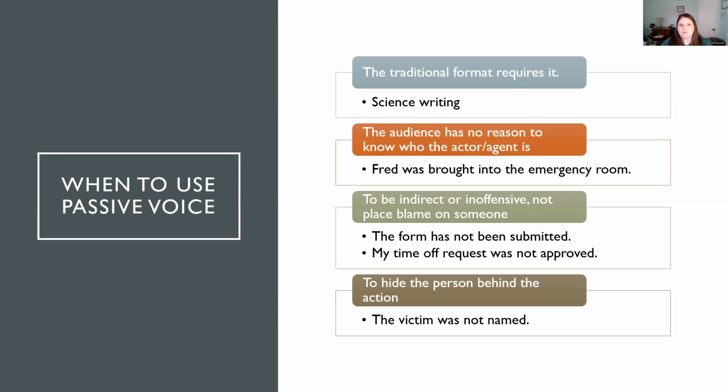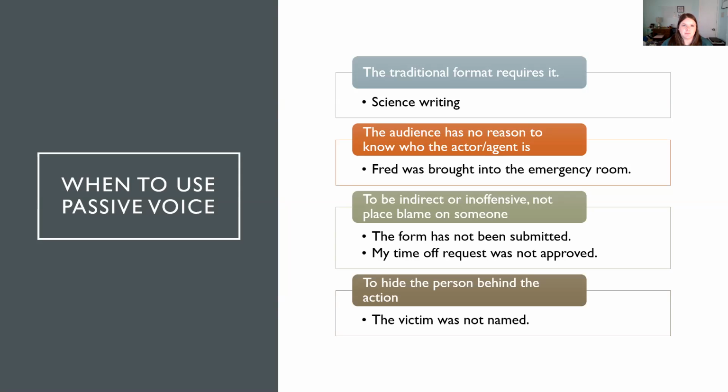This is also useful because you may not know whose responsibility something actually was, and so you don't want to place blame on somebody falsely. Another one is something like my time off request was not approved. Generally, somebody approving a time off request would be a supervisor. So if you start emailing out that your boss didn't approve your time off, then I don't know, people may take offense to it.